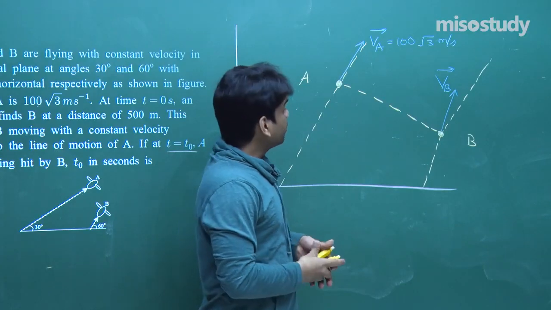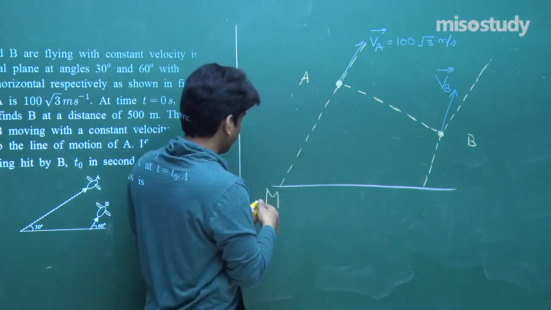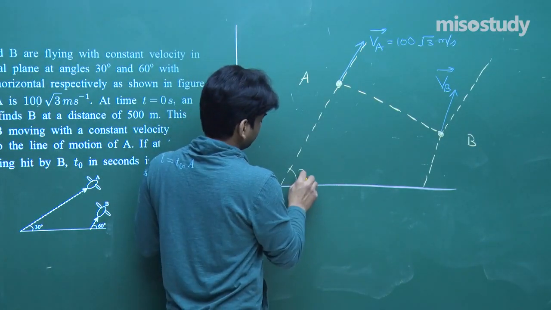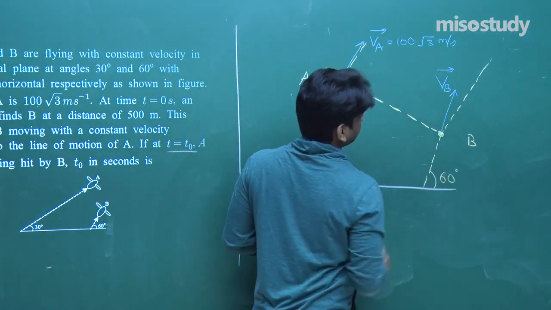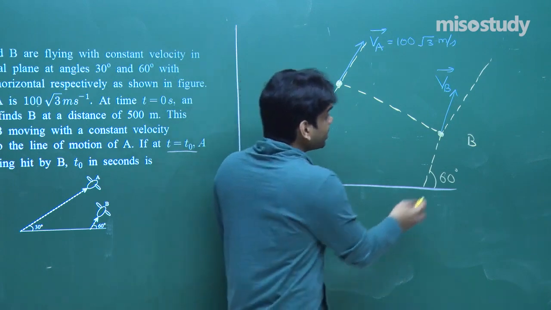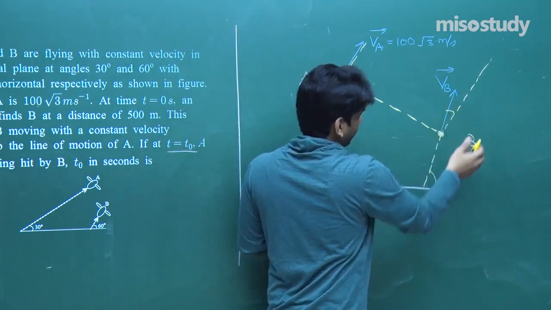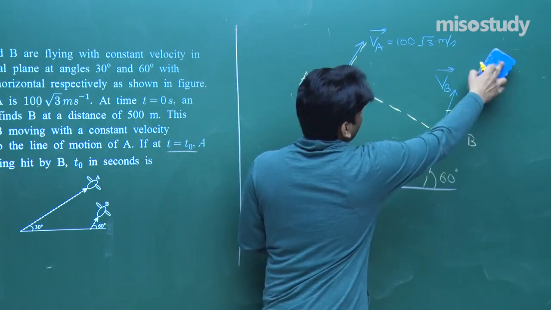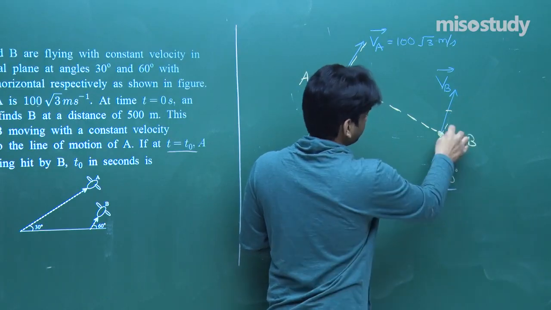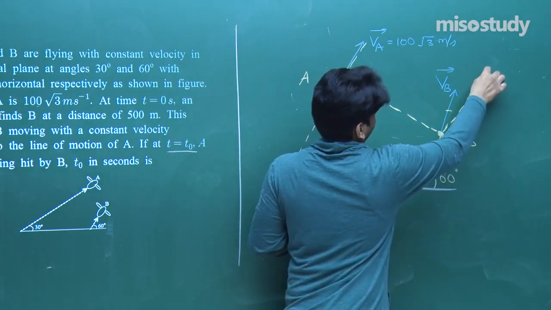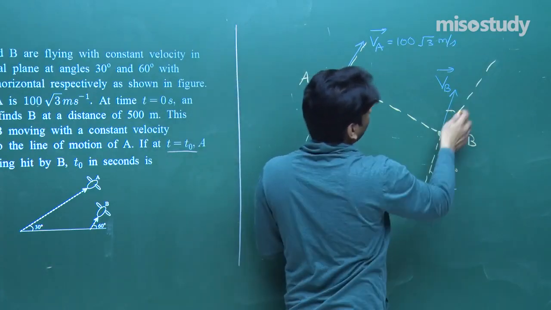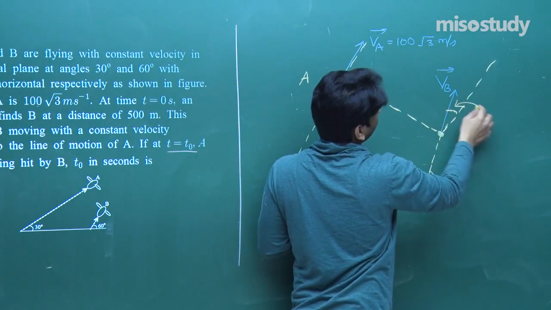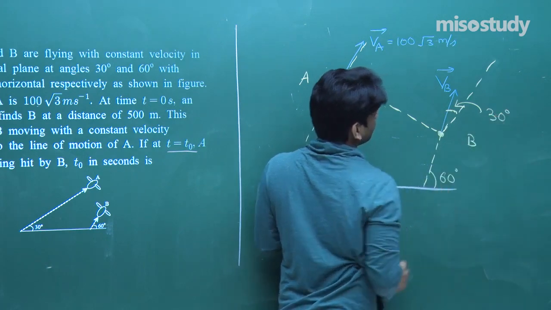Now see here, first of all, I have shown you this is 30 degree, this is 60 degree. Now this angle will be 30 degree, although it might not be clear, because this is 60 degree, this is 30 degree, and I have drawn it parallel, so this angle will be 30 degree.